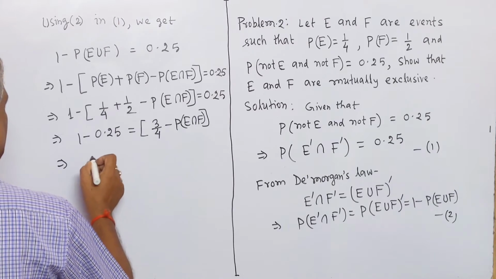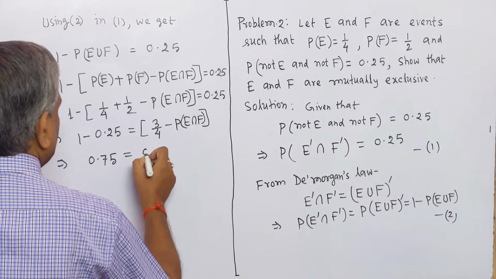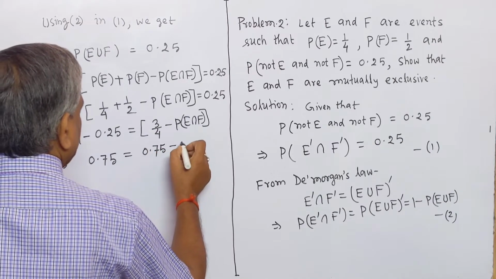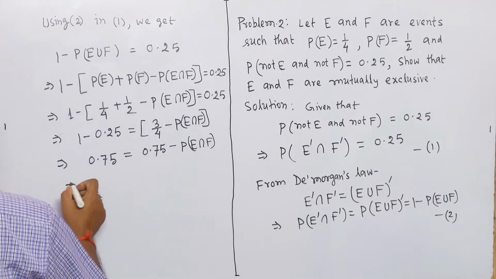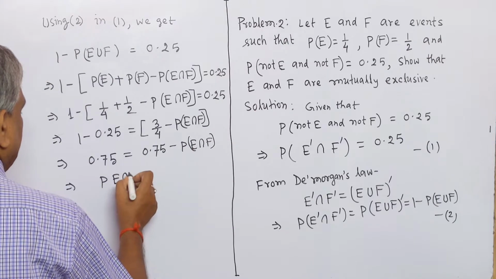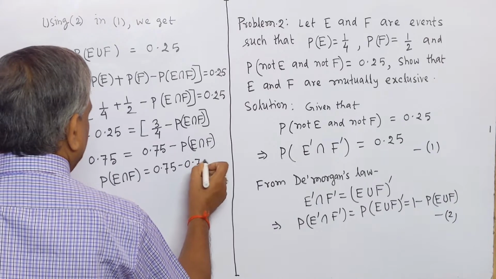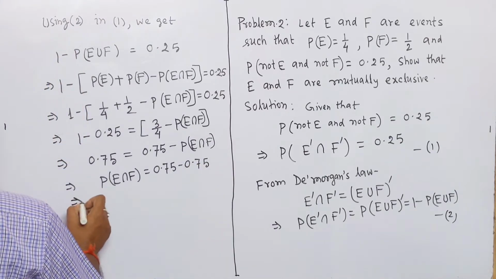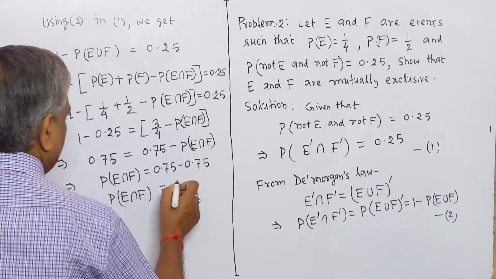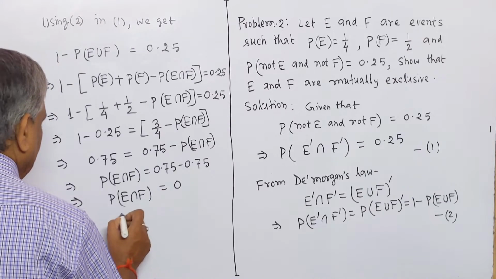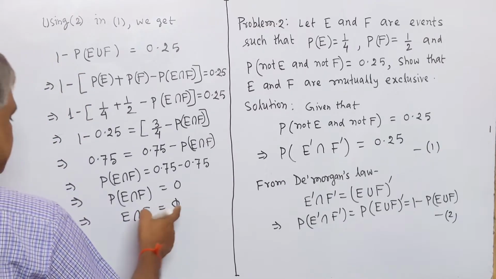implies that 0.75 equal to 3 by 4 is 0.75 minus PE intersect F, implies that PE intersect F equal to 0.75 minus 0.75, implies that PE intersect F equal to 0, implies that E intersect F equal to phi, means null set.